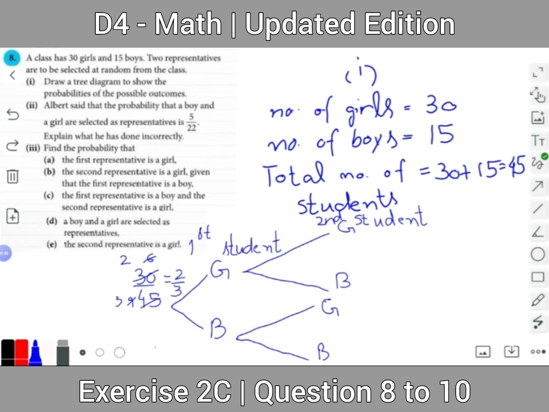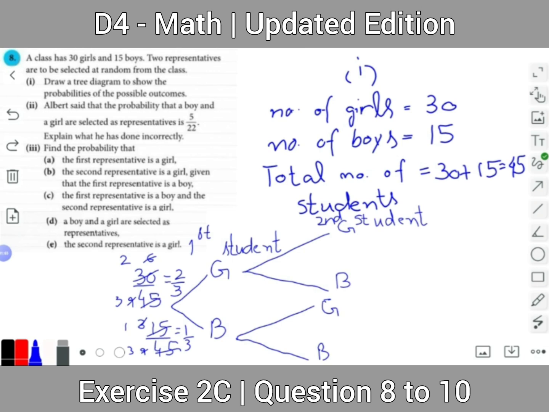Now for the boys we have 15 over 45. After simplification it will give us 3 over 9, and after further simplification 1 over 3. So the probability that the first student is a girl is 2 over 3, and the first student is a boy is 1 over 3.